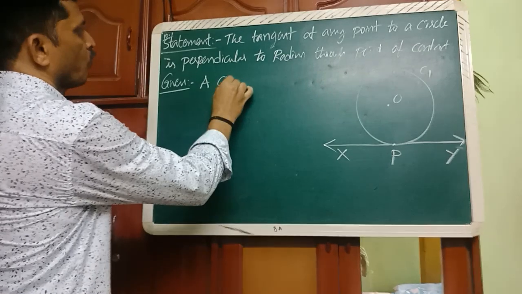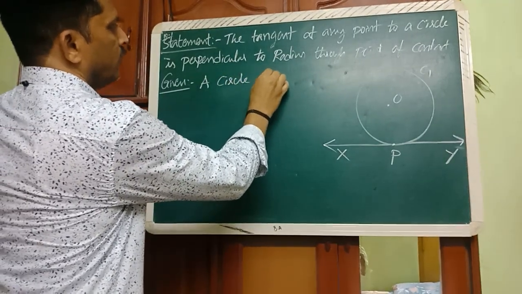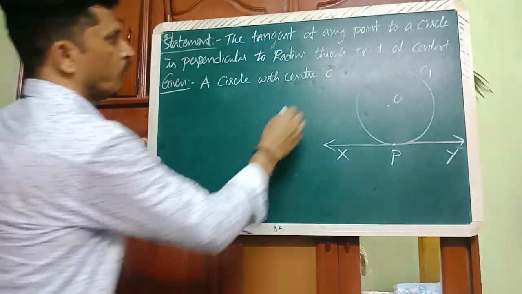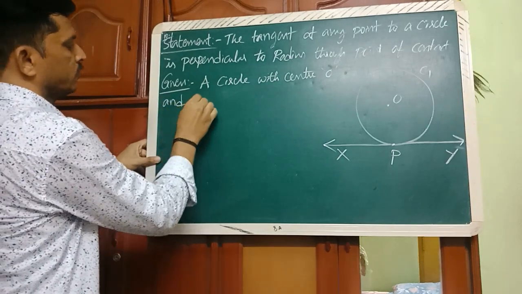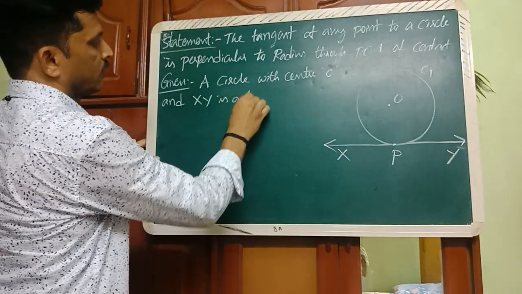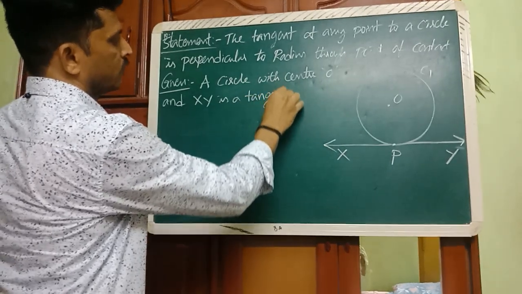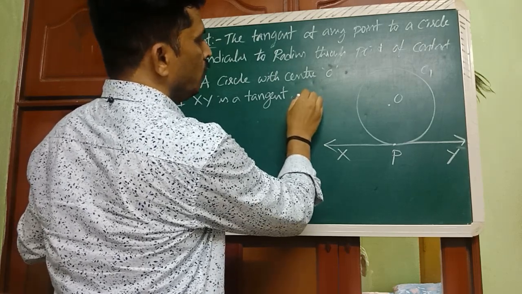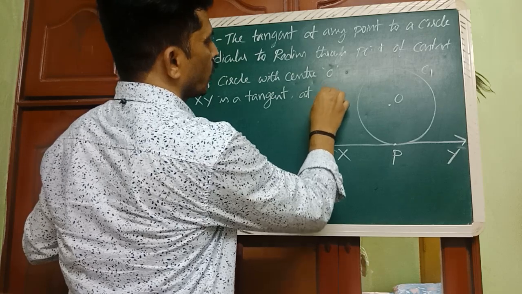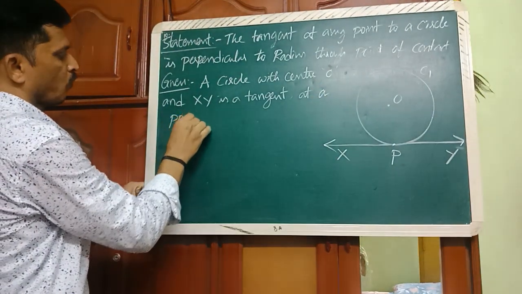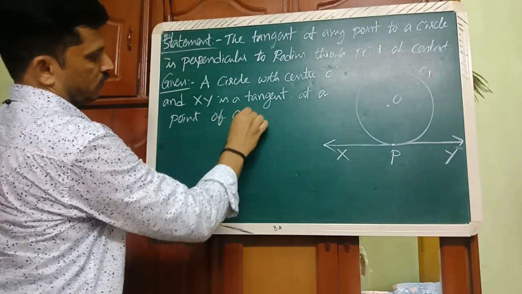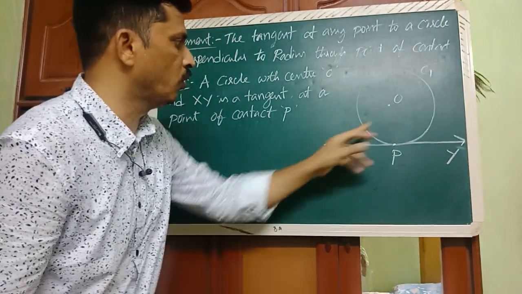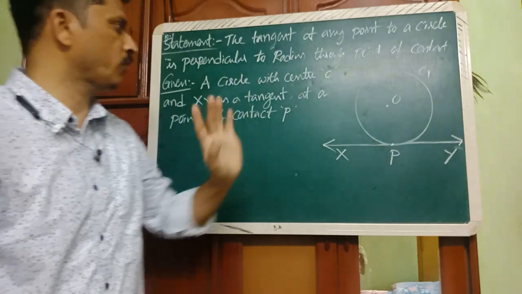A circle with center O, and XY is a tangent at the point of contact P. This is given: a circle with center O, XY is a tangent, and P is the point of contact.